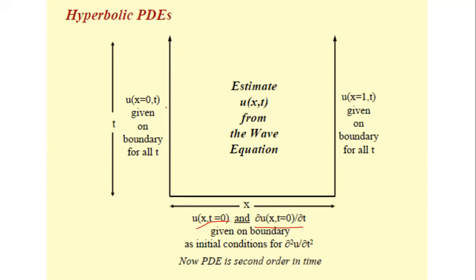Along this line your x value is 0, at this point x is 0, at this point x is 1. It will propagate with time. So these are the boundary conditions.